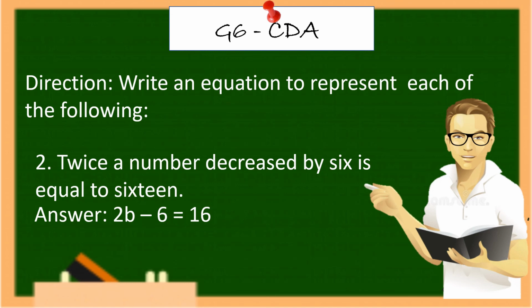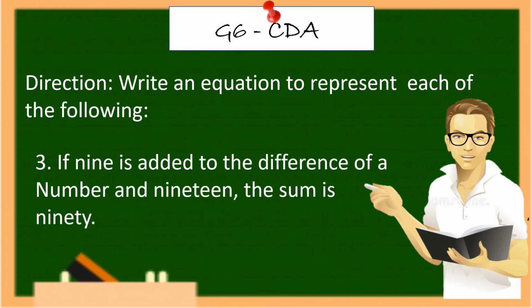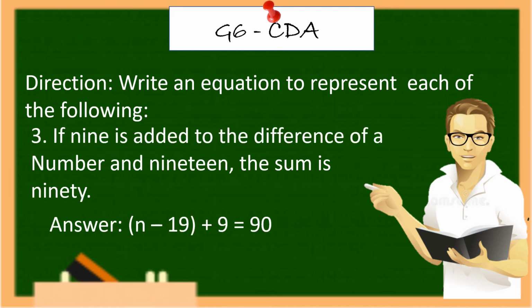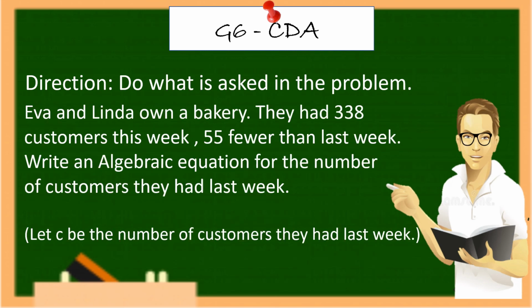The answer, 2b minus 6 is equal to 16. Number 3. If 9 is added to the difference of a number and 19, the sum is 90. The answer, open parenthesis n minus 19 close parenthesis plus 9 is equal to 90.